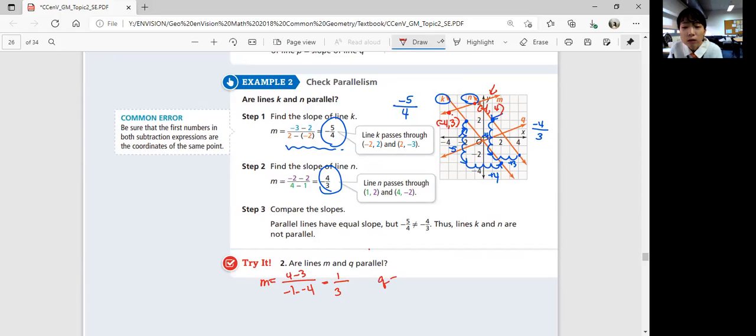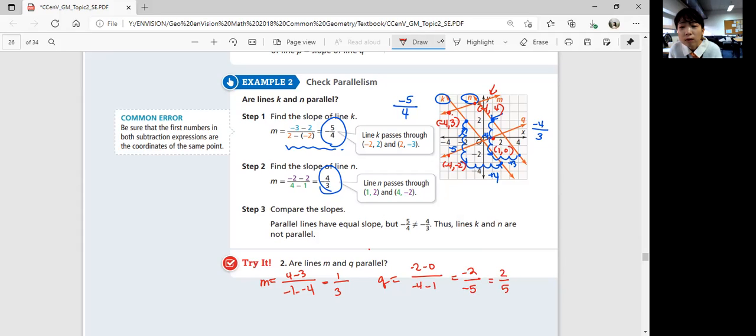What about Q? Pick a point. That could be our point, (-4, -2), and another point, (1, 0). Okay, so -2 minus 0 over -4 minus 1 is going to be -2 over -5.